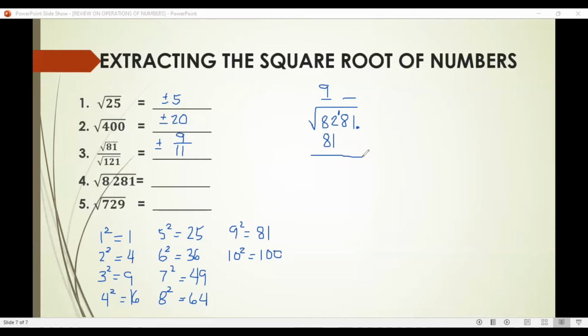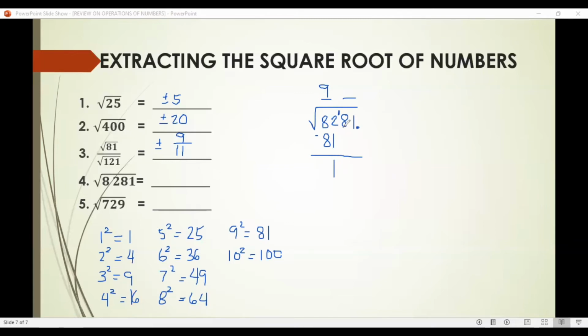And after that, we go now to subtraction. So there is actually a similarity with the rules in division. So we have 82 minus 81. This will give us a difference, which is the answer in subtraction. So 2 minus 1 is 1. 8 minus 8 is 0, so we may not write that.